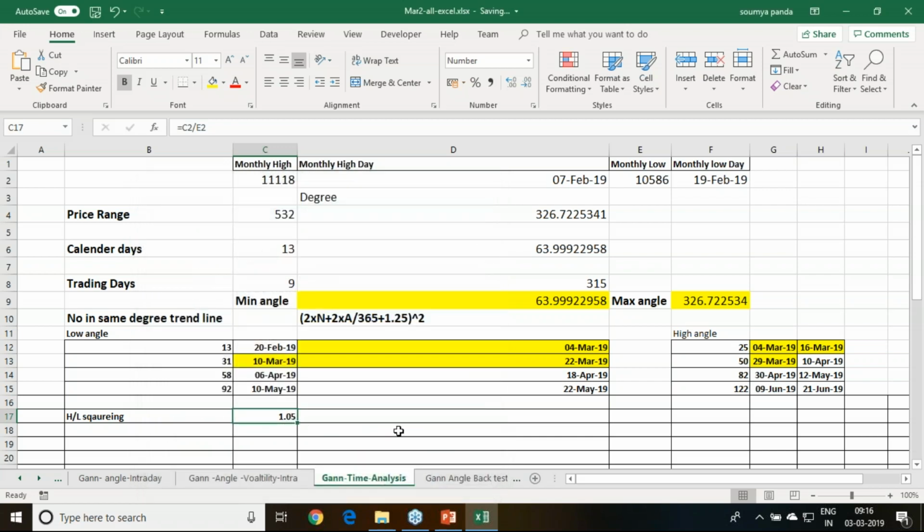High divided by low, 1.05 it has given. Means the low has gone one rotation and 0.5 percentage of a second rotation during this last month period.